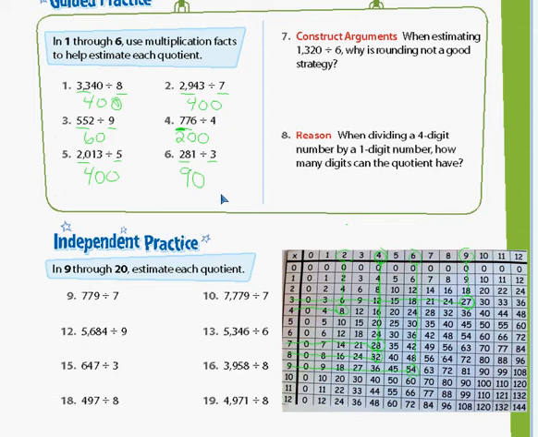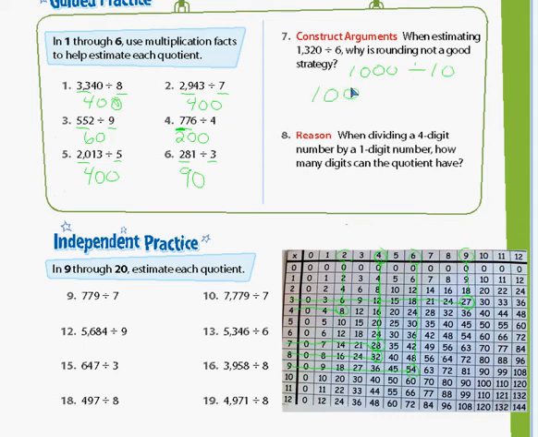Okay, on this one, they're talking about, say for instance, if I was to take 1,320 and round it, that would round to 1,000. And 6 would round to 10, so I divide that by 10. Okay, and when I do that, if I divide 1,000 by 10, my answer would be 100.